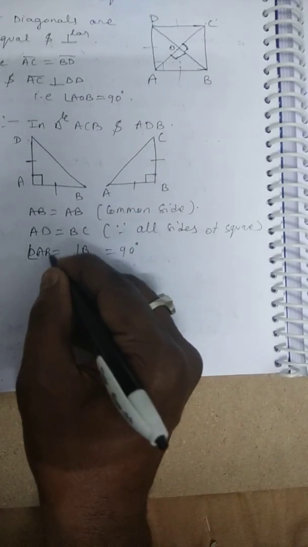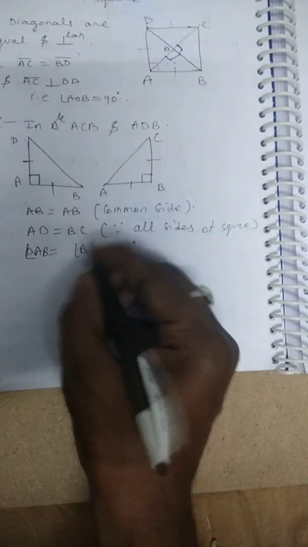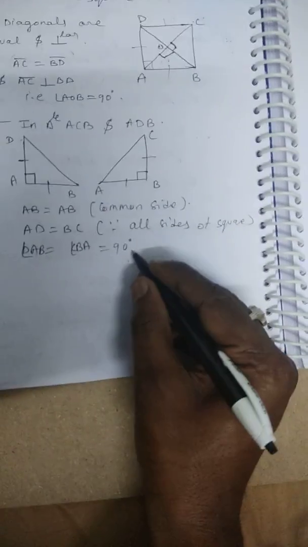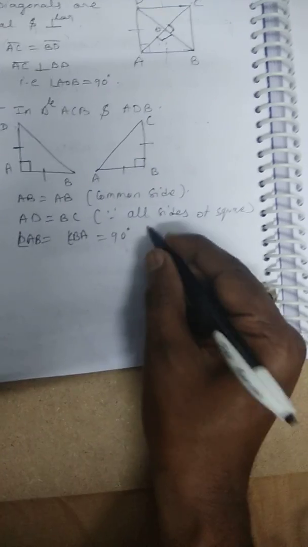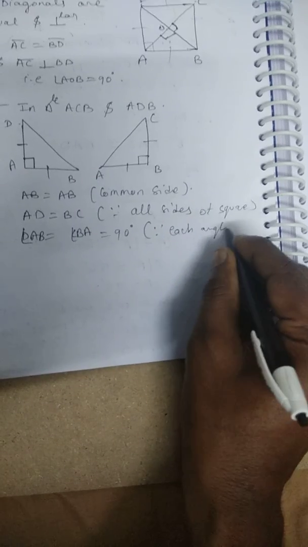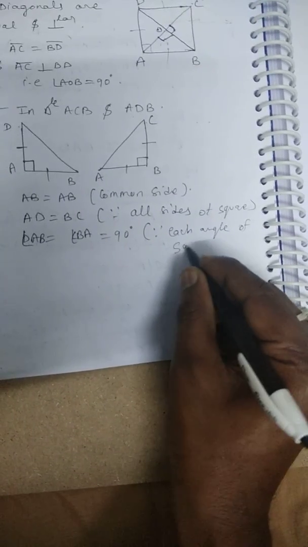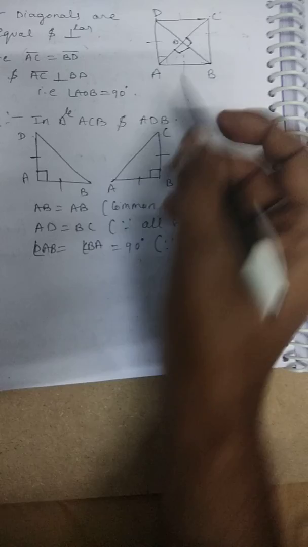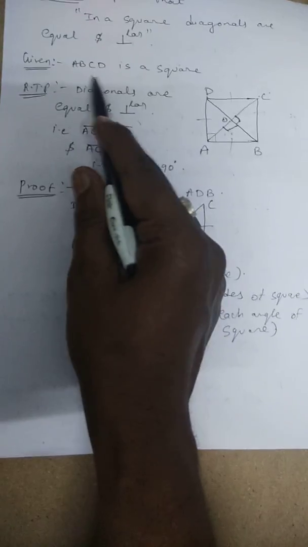So we can say angle DAB is equal to angle CBA. Both of them are equal to 90 degrees each (since each angle of a square is 90 degrees), because it is given that ABCD is a square.